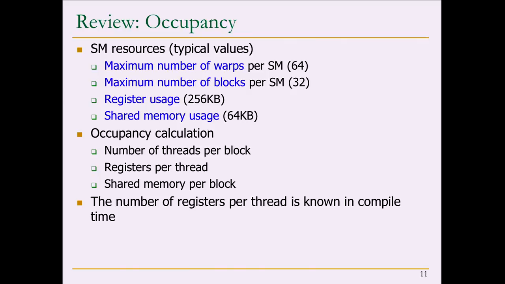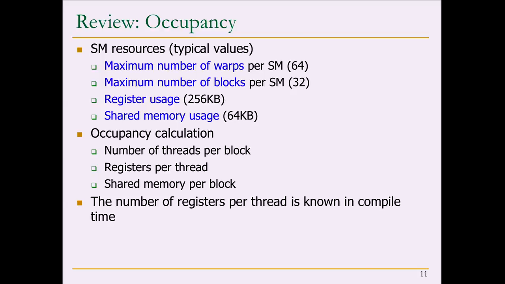For example, you see in the slide that the shared memory size is 64 kilobytes. So this means that if we have one GPU program where each thread block needs to use 16 kilobytes, we can allocate up to 4 thread blocks in each SM.